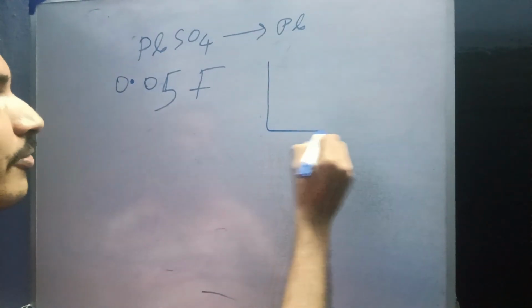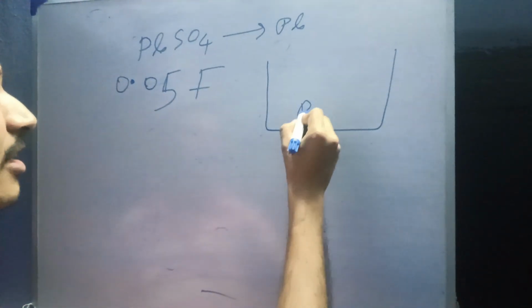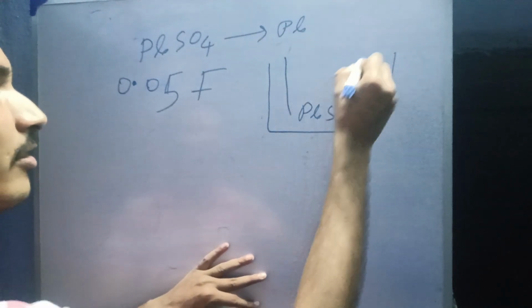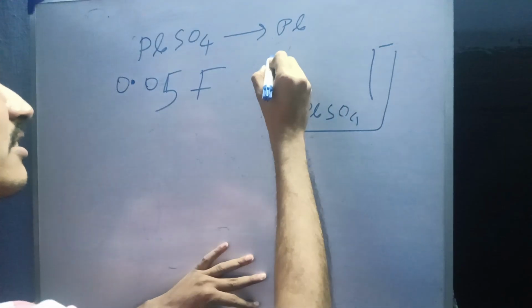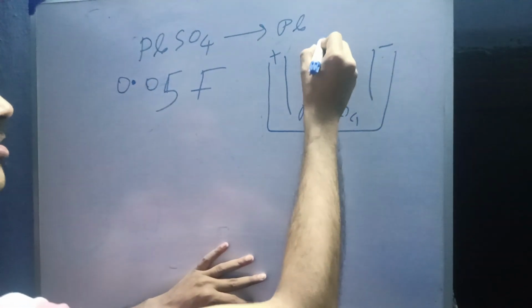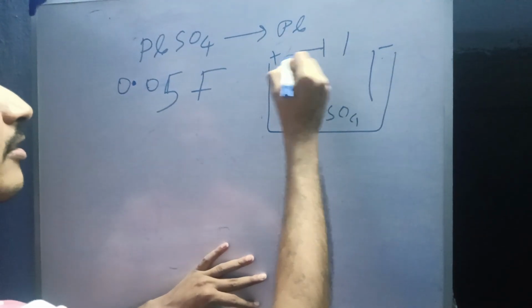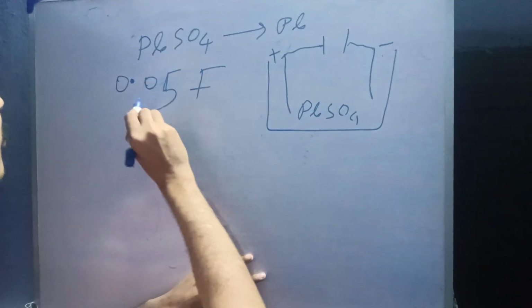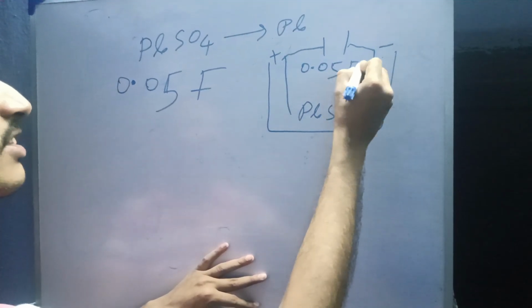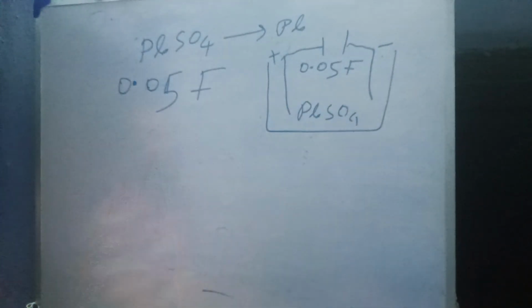That is, here a lead sulfate solution is taken, here this is the cathode, and here a battery, and 0.05 Faraday of electricity is passed through this solution.